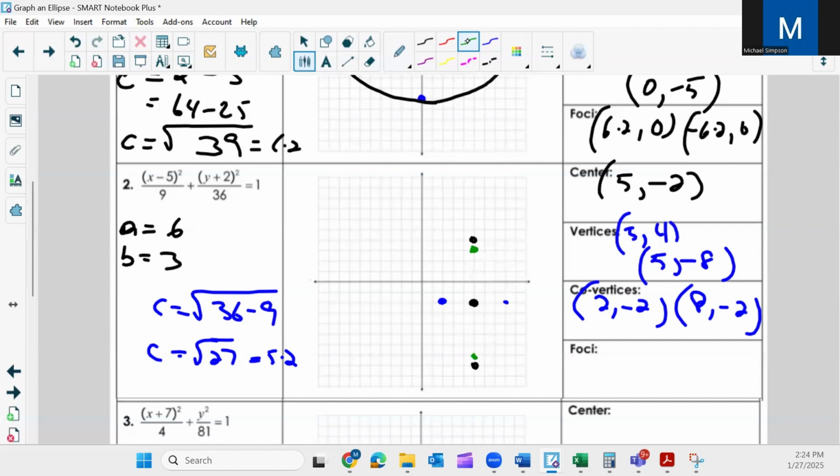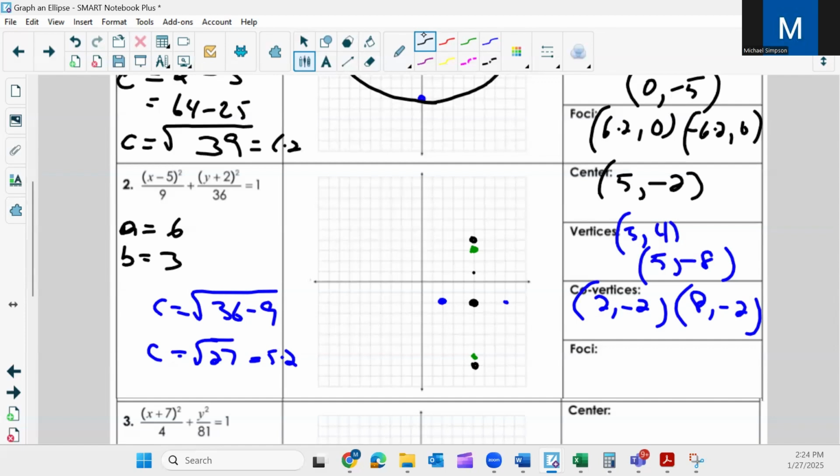What is the coordinate of those green points? 5 and 1, 2... Is it 3.2, right? Is it 3.2? No. Okay, we went up with a 5.2. Yeah.